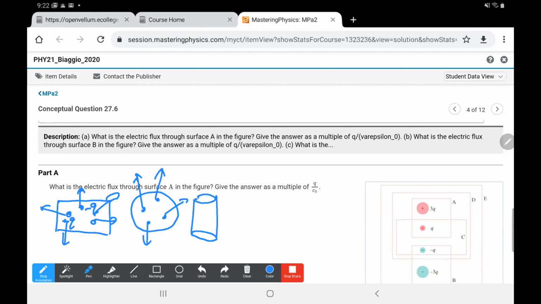So on the surface, you will have flux, electric flux.